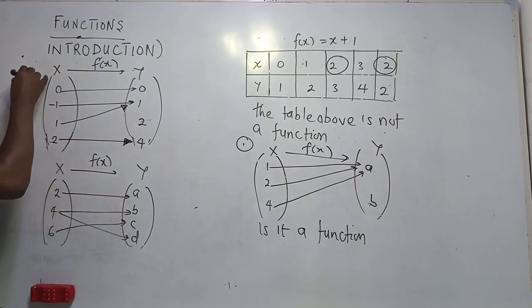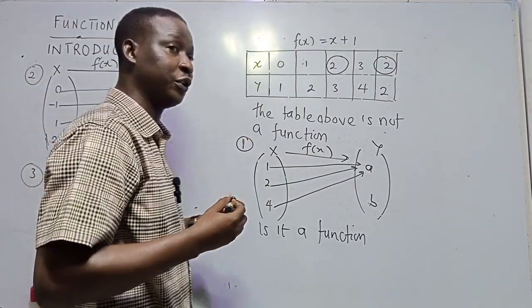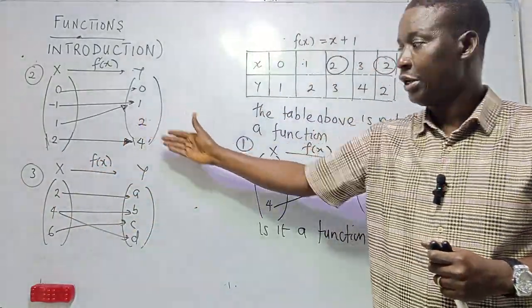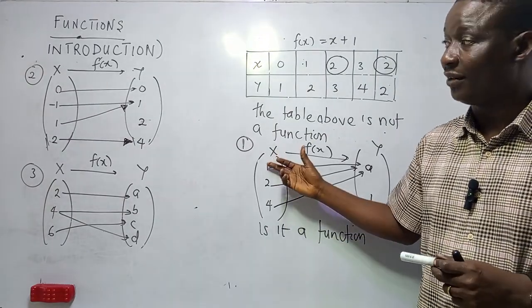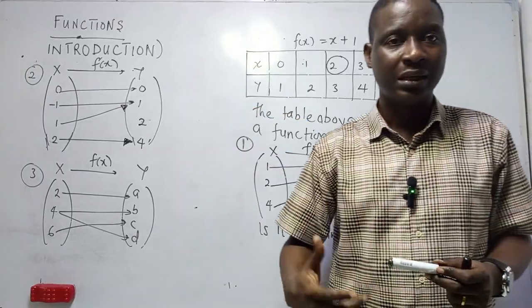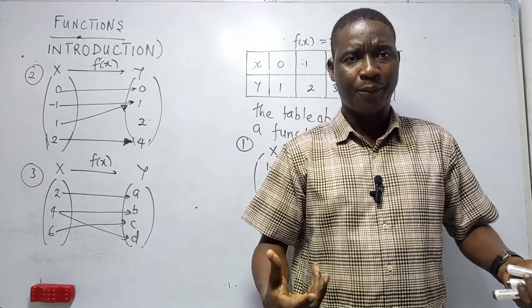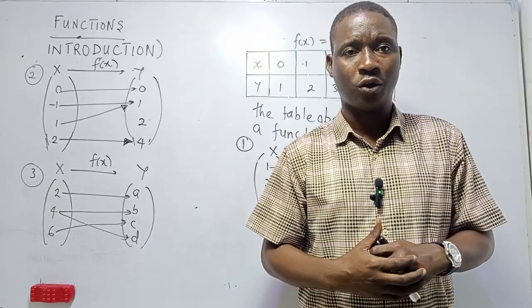So now we have 3 questions here to solve because I'm ending this introduction section. Please look at those 3 questions and tell us, is it a function? 1, 2, and 3. Analyze them. Tell us why you think it's a function, and we'll appreciate it if you can do that by typing it in the comment section.